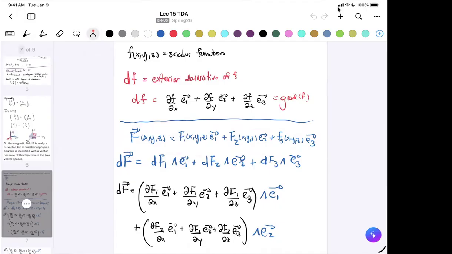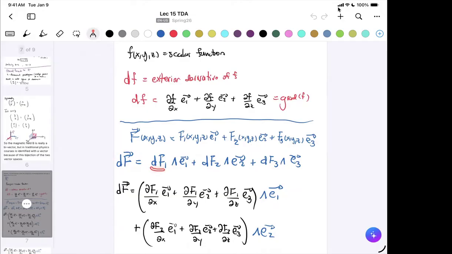And it's basically, if you look at what the vector field is, it's function times vector, function times vector, function times vector. So the exterior derivative just takes the derivative of each of these functions, which is another way of saying the gradients.